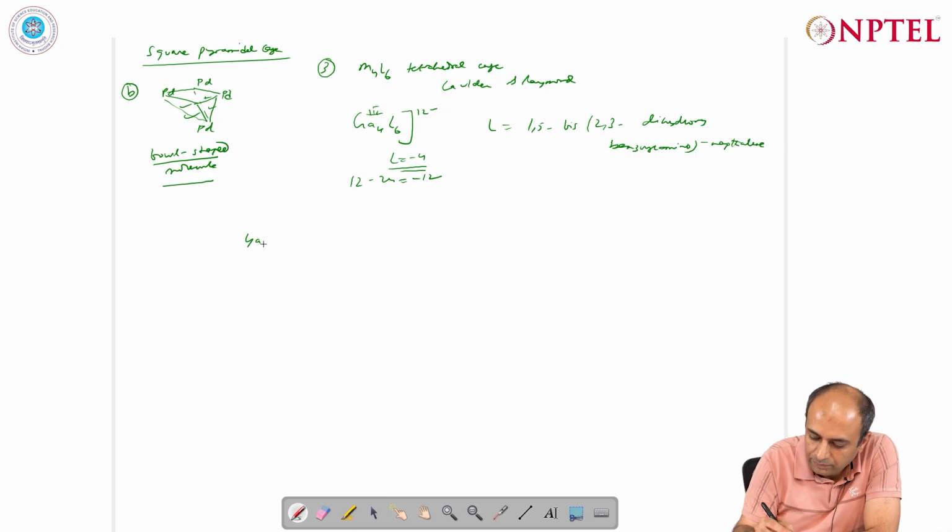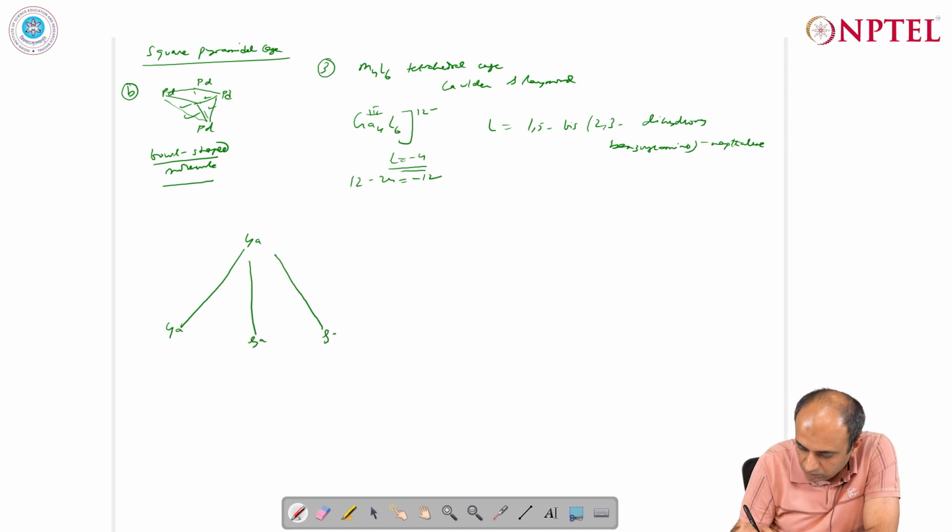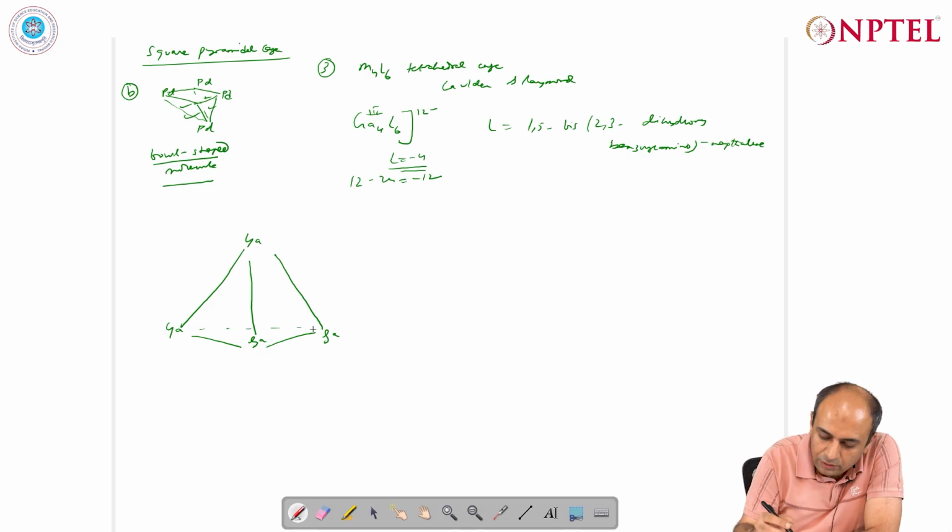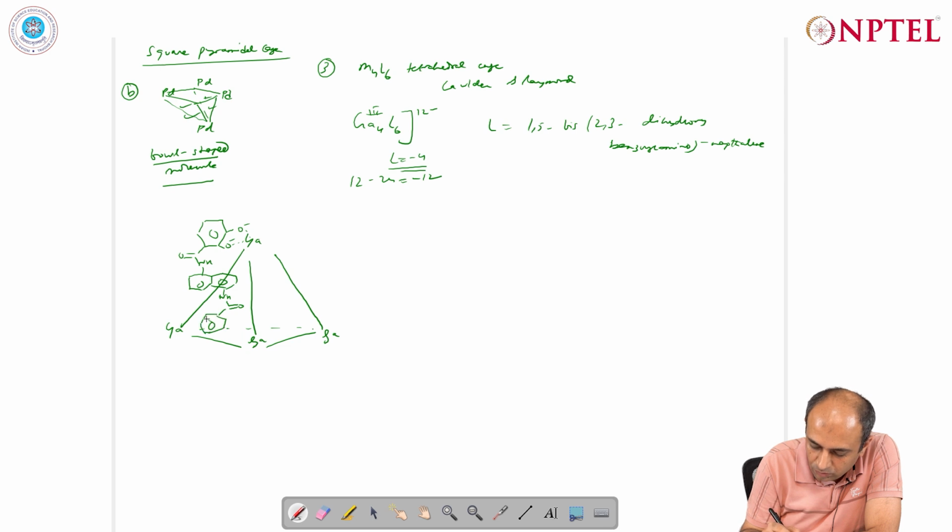So we have the gallium here, and this forms... so this is the NH, this is my naphthalene ring, then this is NH, CO, O minus, O minus.